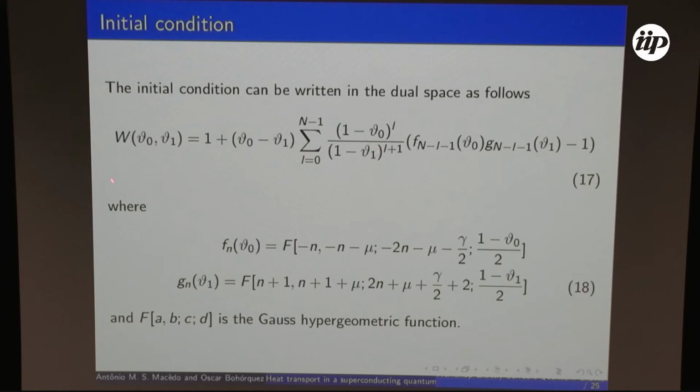Okay, now the next step is how do I get the initial condition for the dual space? Here is the part where you have to be very careful because you want to do the calculation, the integrals. And there is a connection, still under work, that is going to systematize this part as well, which is a connection with Meijer G functions.